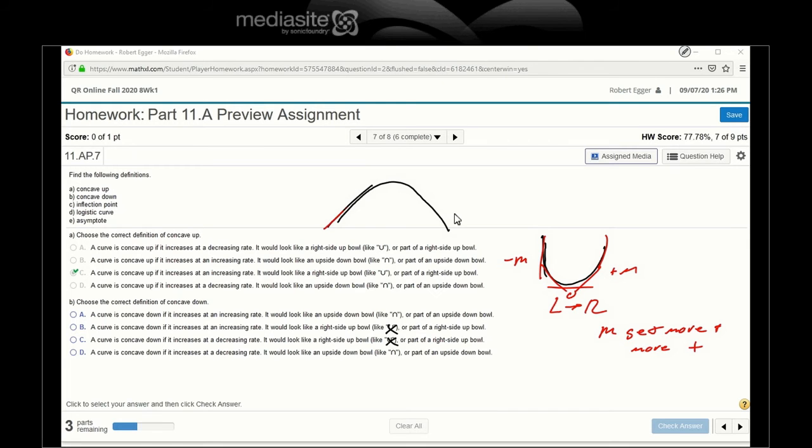Be more responsive. M positive, 0, M negative.